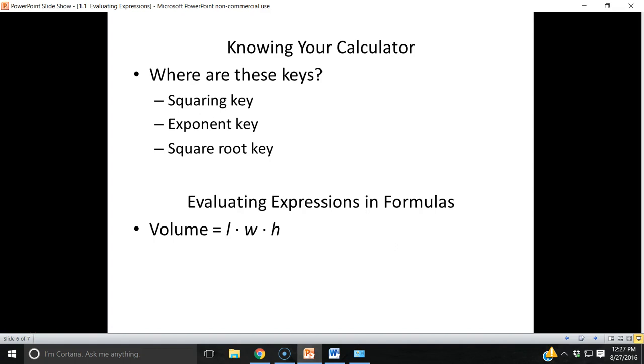So the L has to be the length, the W has to be the width, and H has to be the height. There's many other formulas you're probably familiar with, but this is a common one. We'll deal with formulas throughout the year. So if length was 2, width was 3, height was 4, you would do 2 times 3 times 4. That would be the volume.